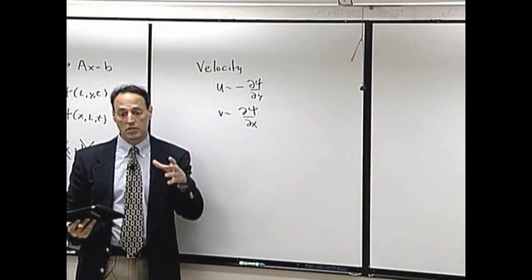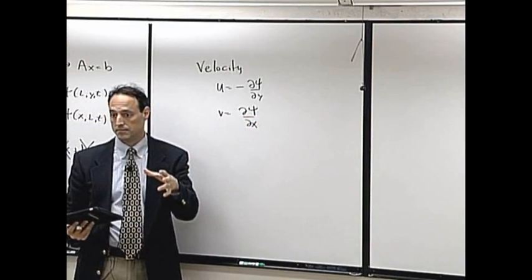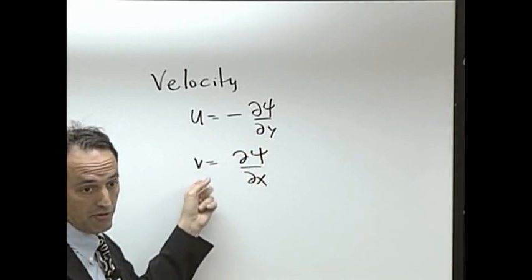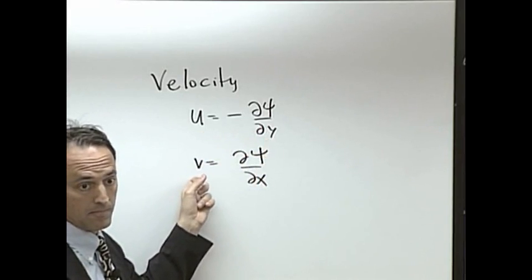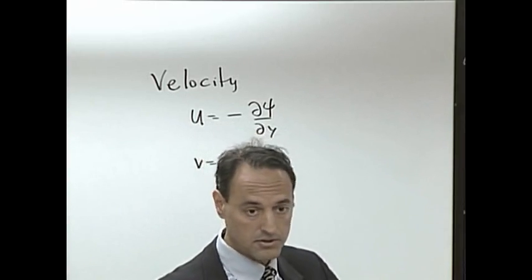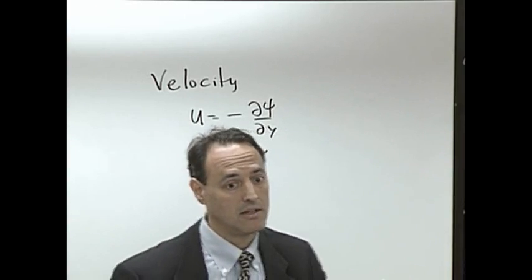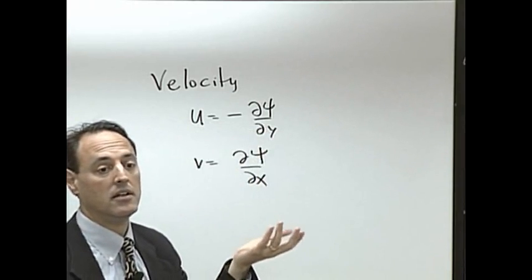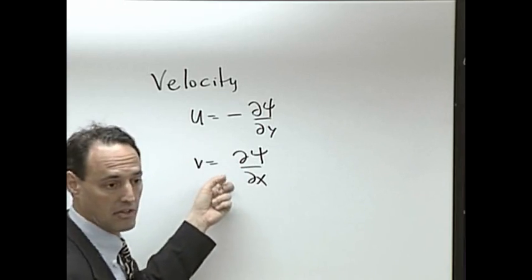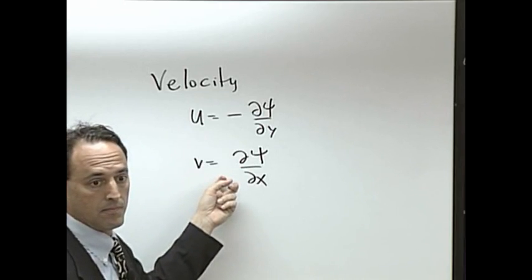So if I have this extra constant c tagging along, and I take derivatives to get the real physical values I need, it doesn't matter. In other words, I might have an infinite number of solutions in the stream function because I have any c I can pick. But at the end of the day, it doesn't matter. And the reason it doesn't matter is because I take a derivative.